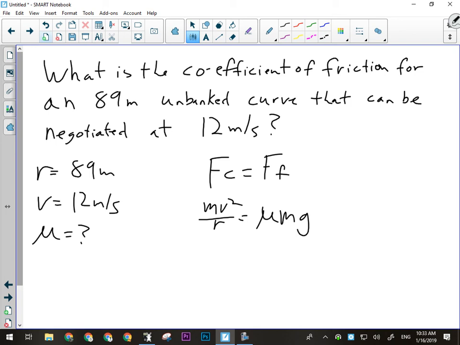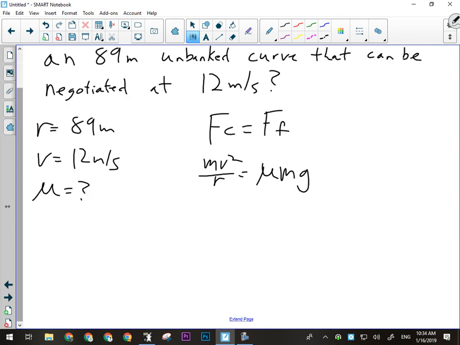All right, so I'm looking for mu. All I have to do is bring mg over to the other side. The m's are going to cancel, and I'm left with mu equals v squared over r times g, just like with a bank curve formula. Whatever is holding you in the curve is always calculated by v squared over rg, whether it's coefficient of friction or the angle of bank.